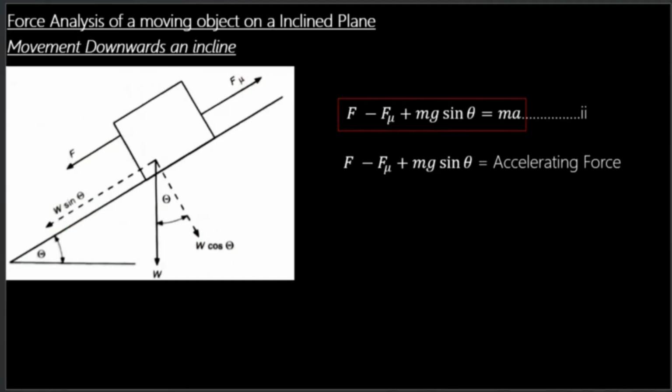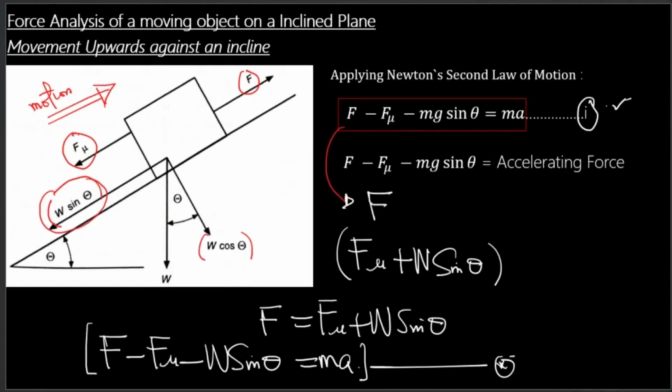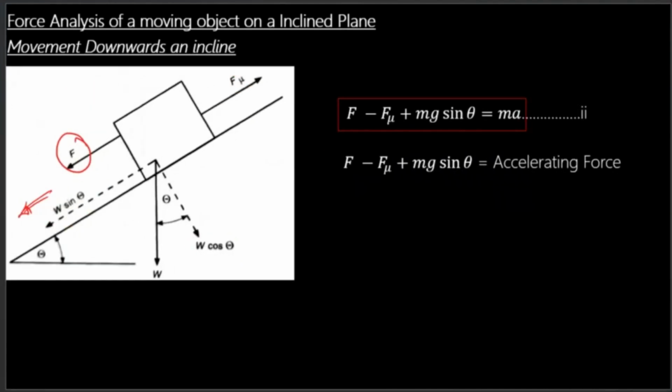For downward movement, you can see that the applied force direction has changed here. But the component of the weight that is parallel to the incline still remains in the same direction, still facing down. So you can see that the equation is different. This is minus, in this case it is positive.